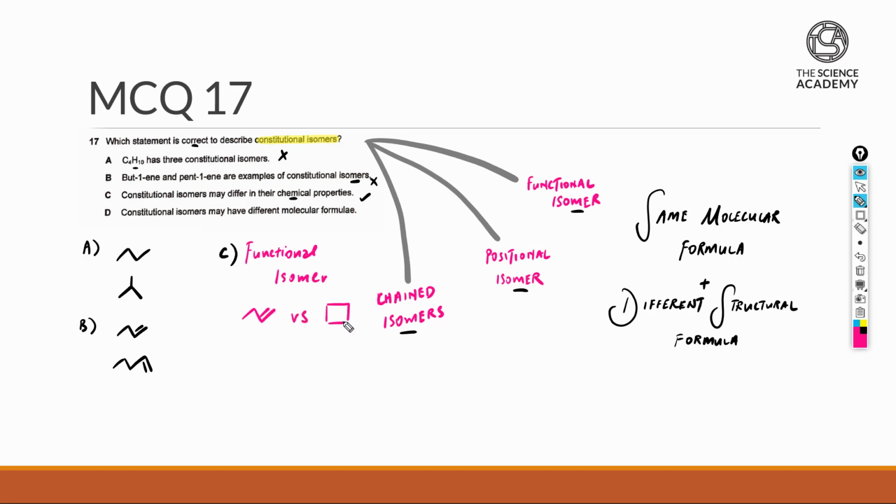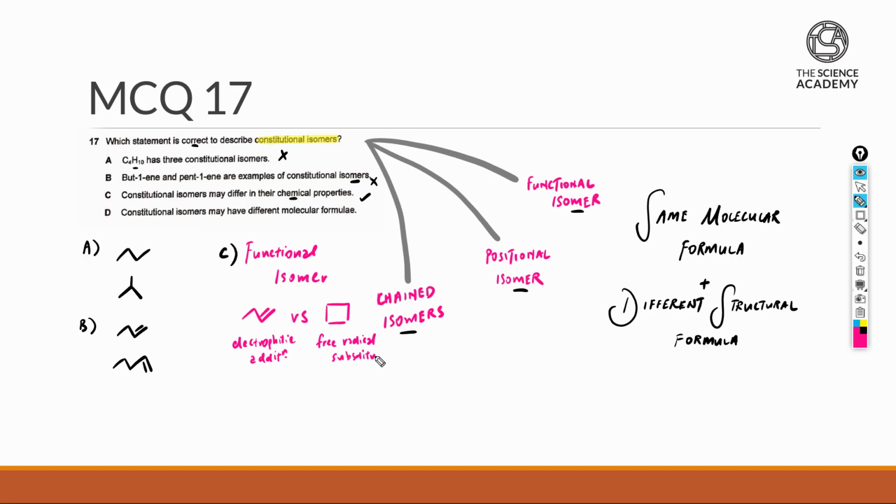They satisfy the same molecular formula but different structural formula. I'll say that but-1-ene is capable of electrophilic addition reaction. But for the case of cyclobutane, on this case here, the cycloalkane is only capable of free radical substitution reaction.